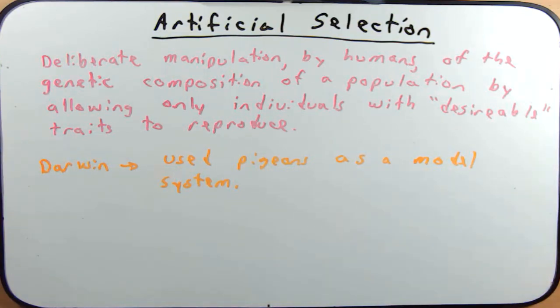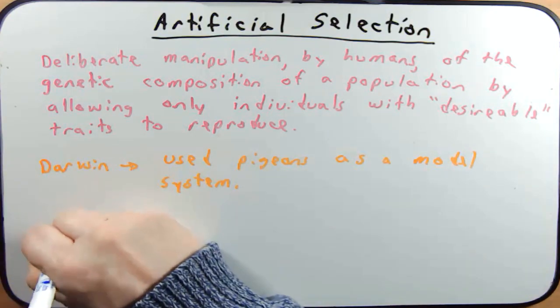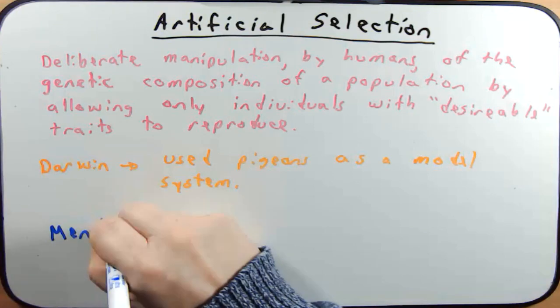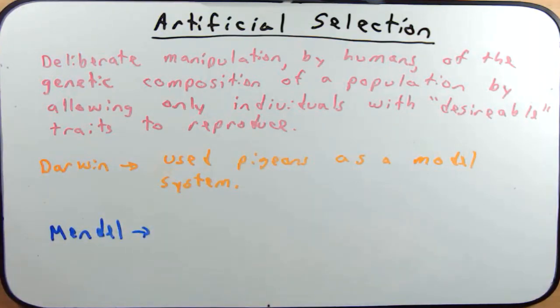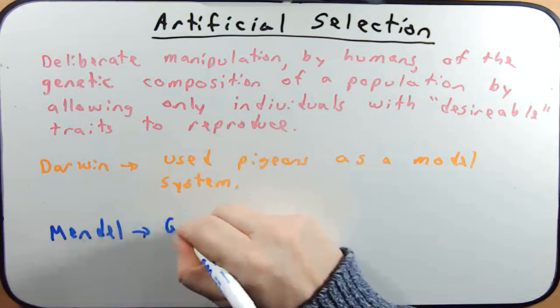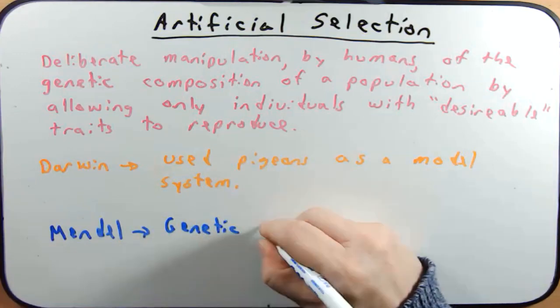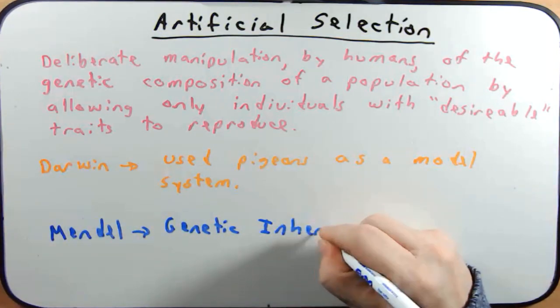I always think it's interesting that in this time period of the 1850s and 1860s, there was another scientist that was also making his mark in history, and that was Mendel, Gregor Mendel. And you'll talk more about Mendel when you take genetics, but just real quick, he was studying essentially the genetic inheritance of traits.